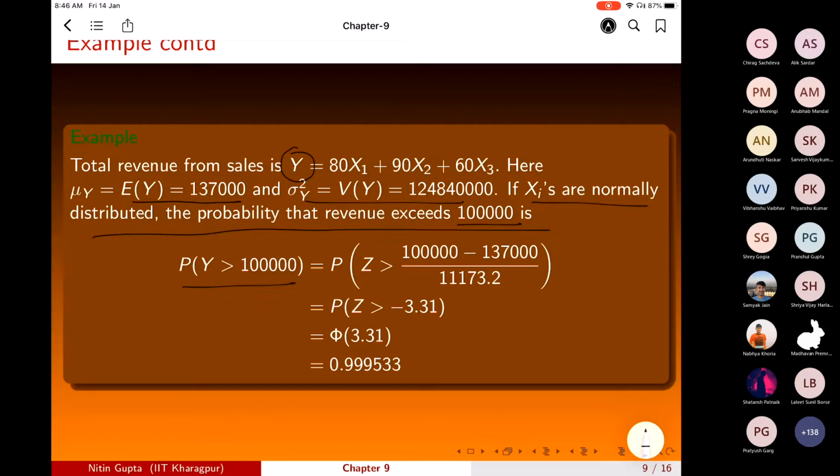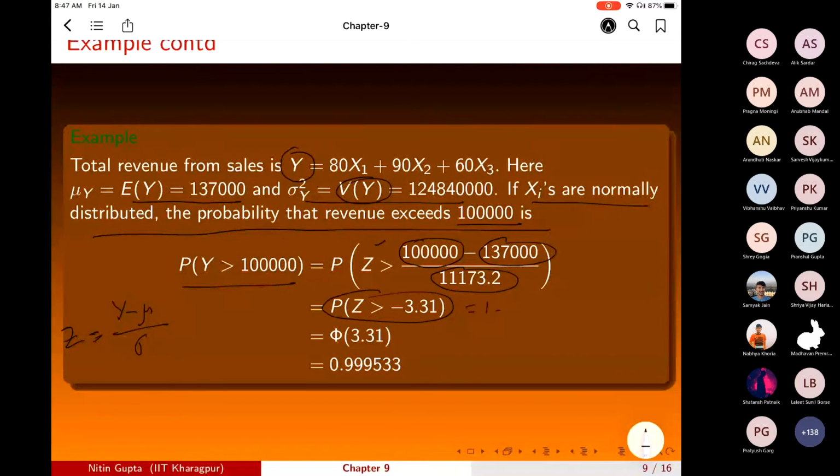So therefore, we can do the standardization, (Y minus mu) divided by sigma. This will be Z. So Z is greater than this value minus the mean, divided by the square root of the variance.